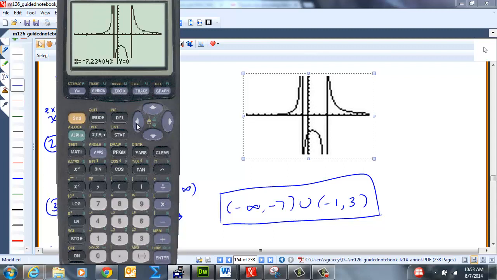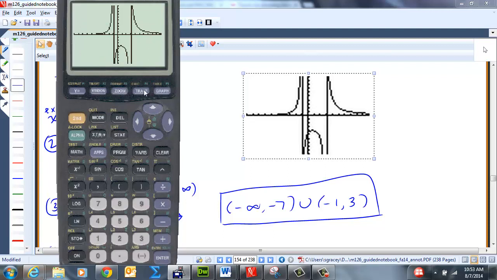Kind of an interesting graph, isn't it? I want to see what's going on with the parts of interest, because our negative, 1 to 3, is showing up nicely, but not the other one. So I just wanted to get a better picture here.